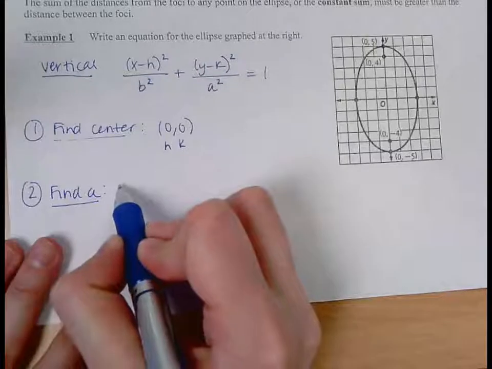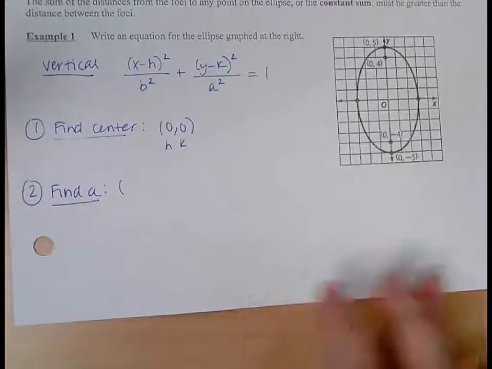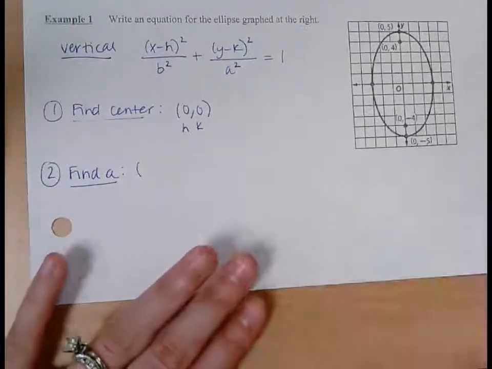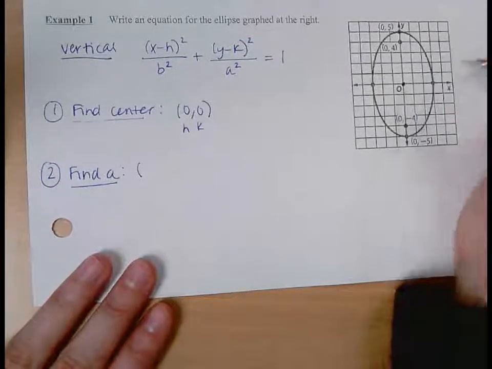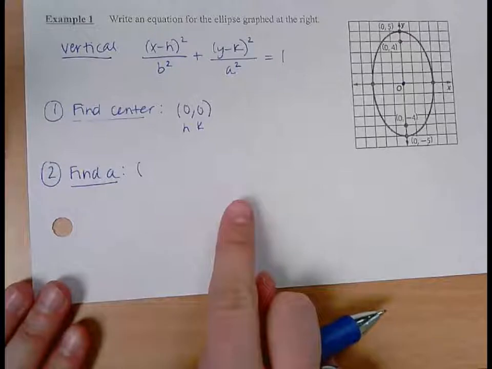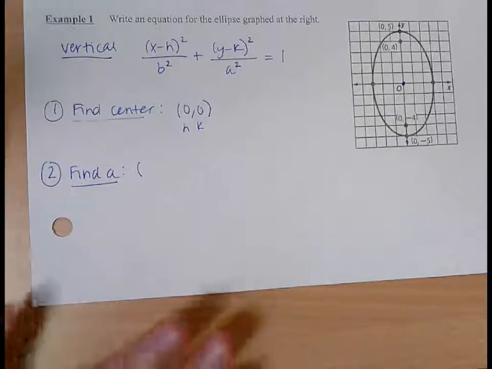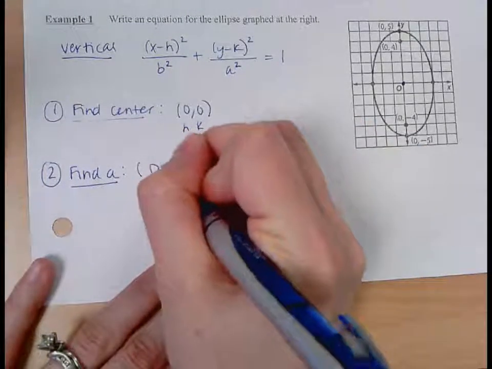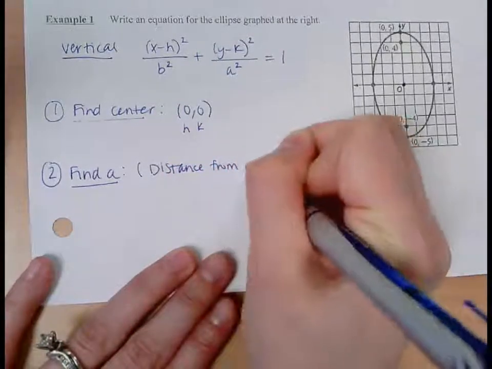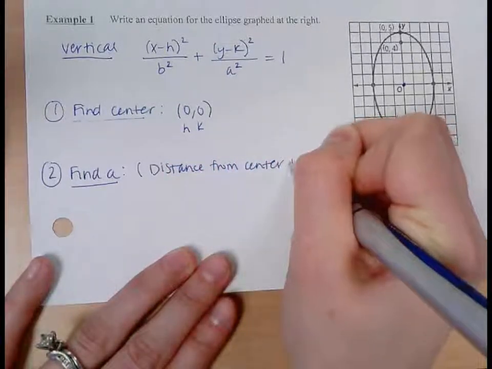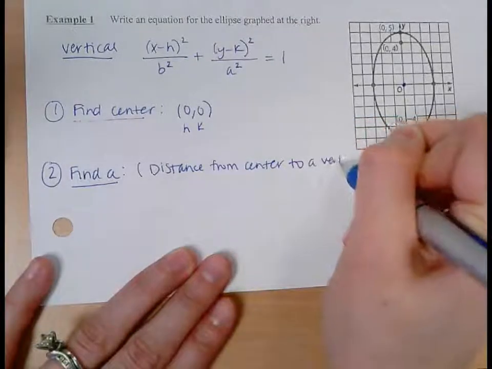And I'm going to make a note on here, one of the easier ways to find a. So if we know the center is 0, 0, just because this part wasn't labeled on the graphic organizer, make a note that a is the distance from the center to a vertex.